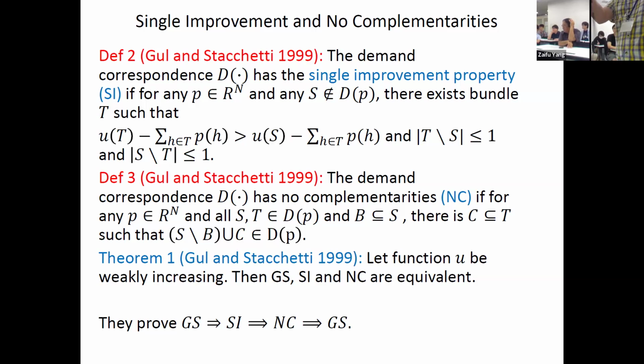So there are three possible ways of improving it: delete one atom, add one atom to S, or add one and then delete one. This is exactly the single improvement.